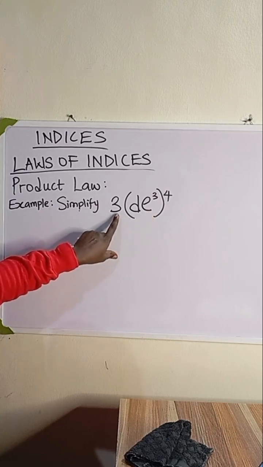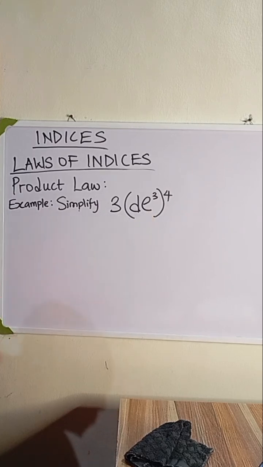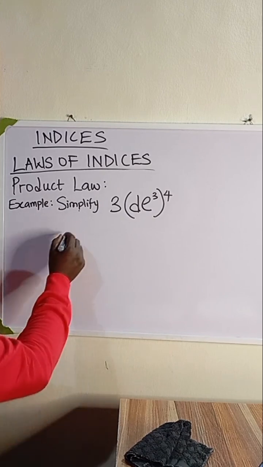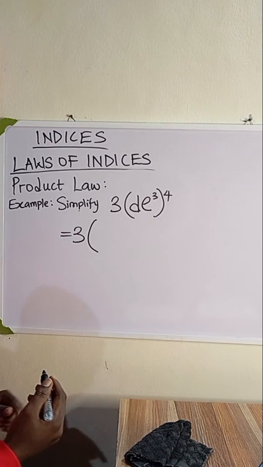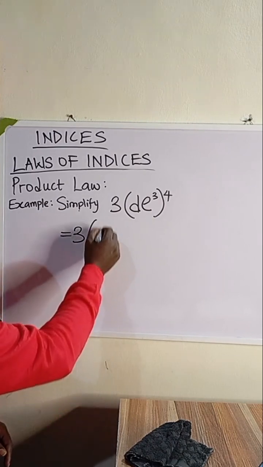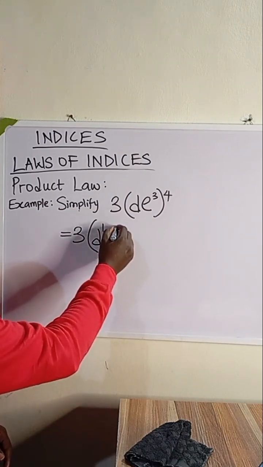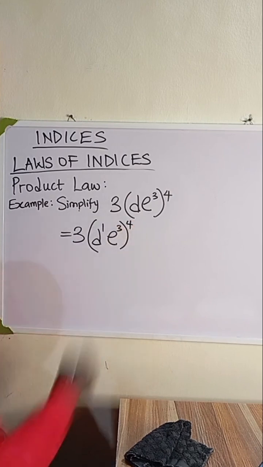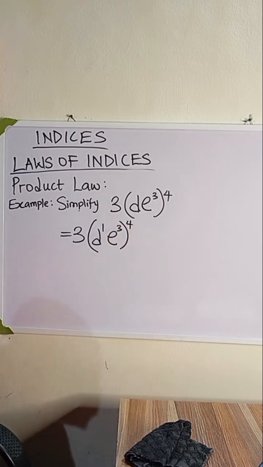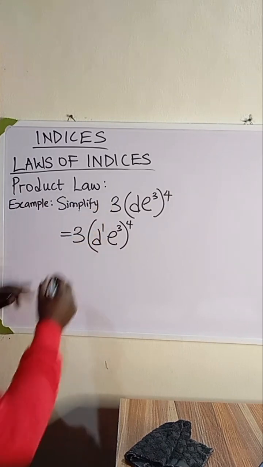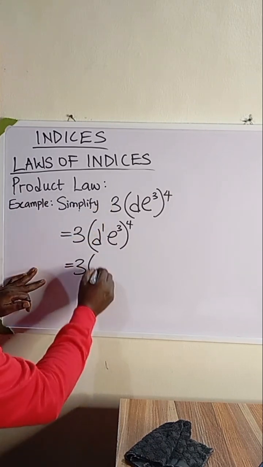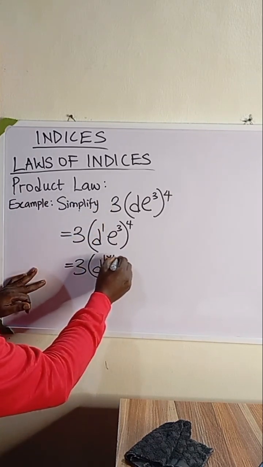So let's solve it. So this will be 3 parentheses. The exponent of d is 1. So we have d to the power of 1, e to the power of 3, 4. Okay. So using the product rule, we're going to have 3 into d, 1 times 4, e, 3 times 4.